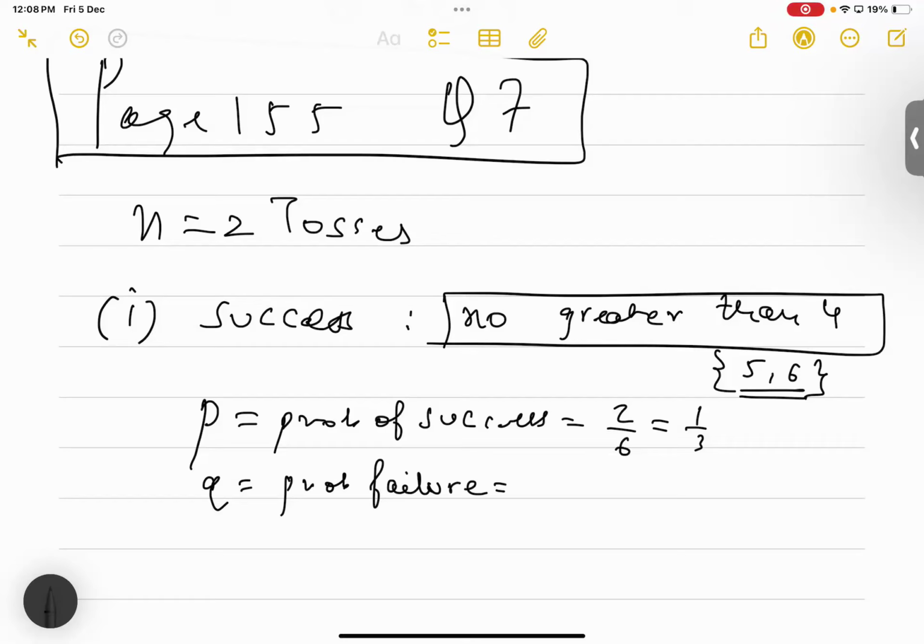You can also do 1 minus P or 4 upon 6. Correct, no? Why 4 by 6? If 5 and 6 are in success, who will be in failure? 1 2 3 4, 4 events out of 6 events. Otherwise, you can also do 1 minus P. Please speak up. Those who are attending online, please speak up if you're not able to understand this, because this creates a base for this problem.